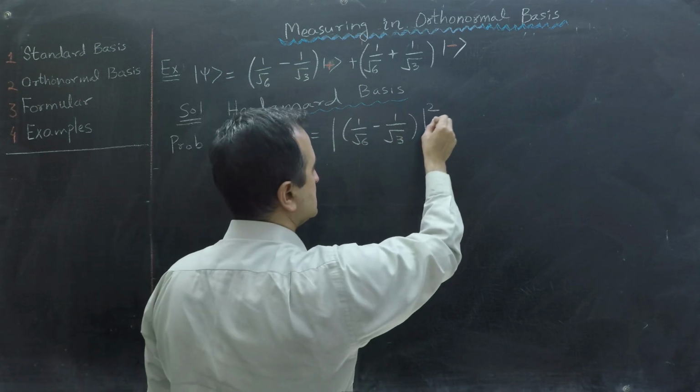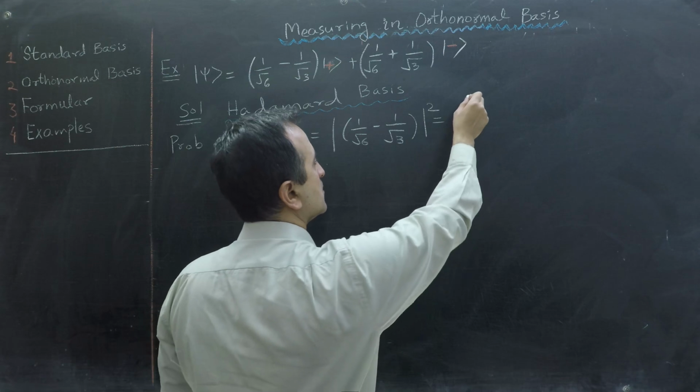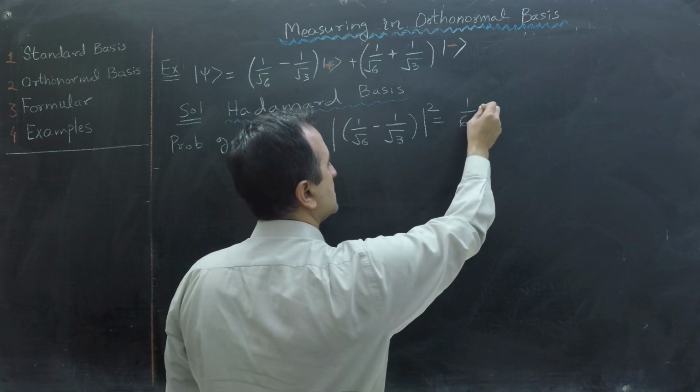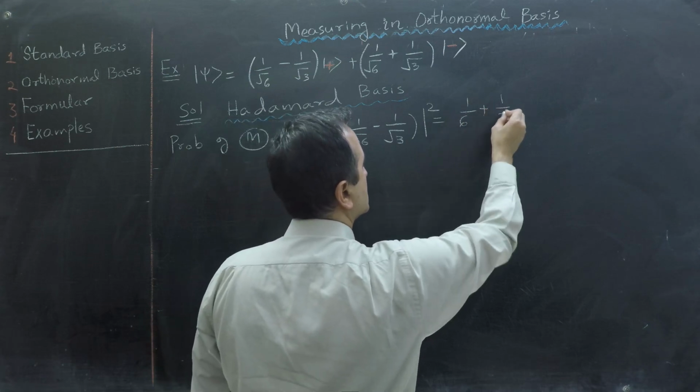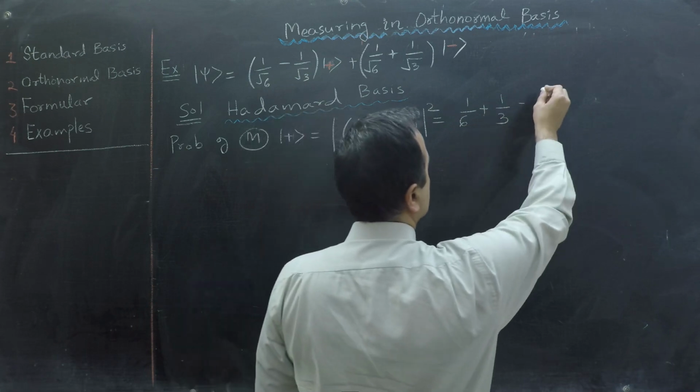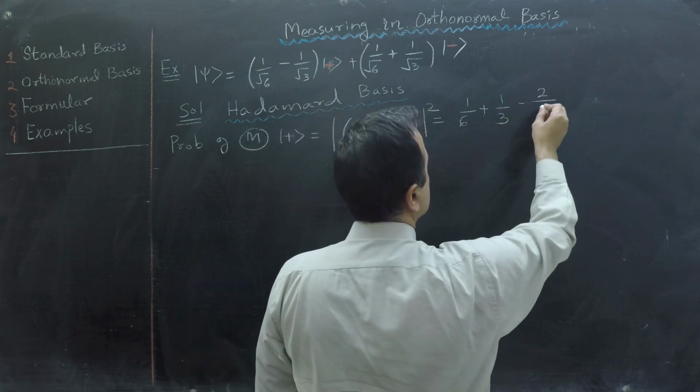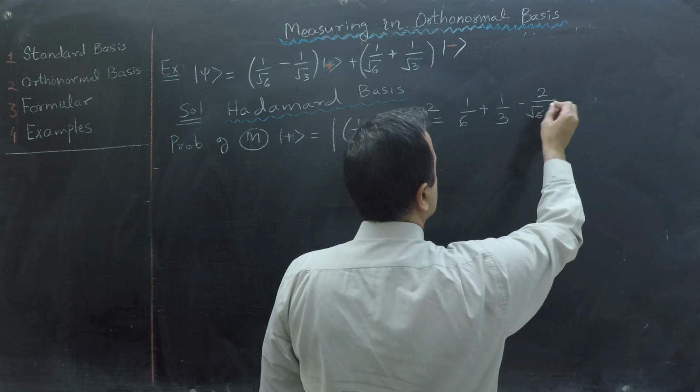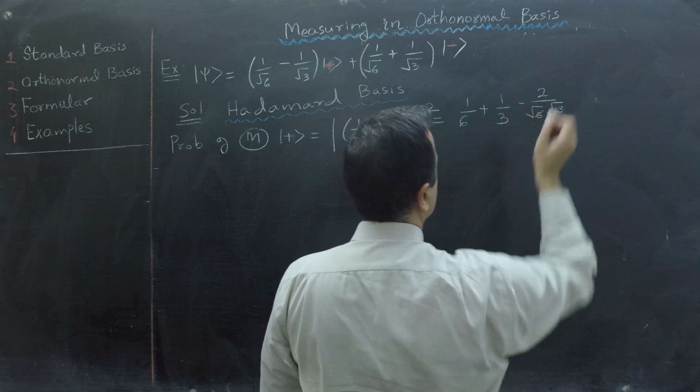And this is equal to 1 over 6 plus 1 over 3 minus 2 over square root of 6 times square root of 3.